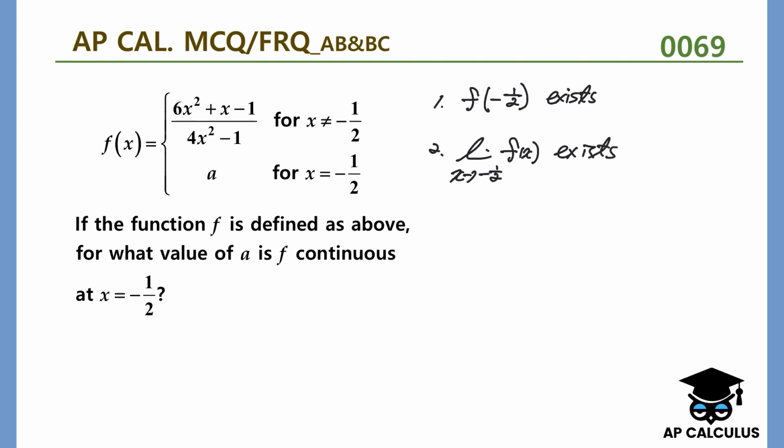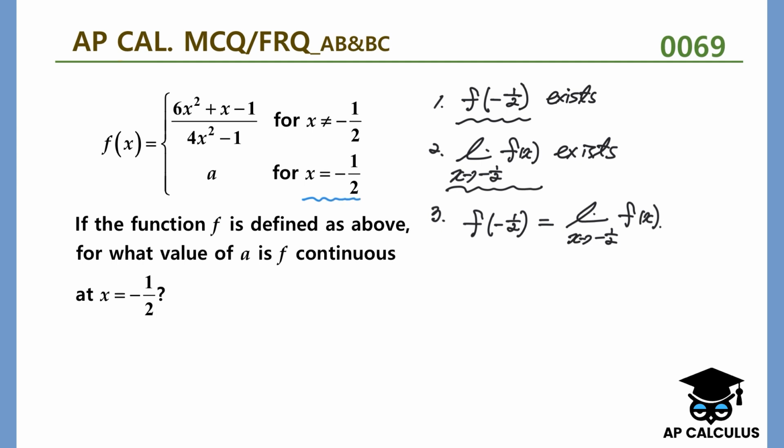Okay. Number 3 is what? This function value and limit value, they have to be equal to each other, right? So number 3 condition is f of -1/2 has to be equal to limit as x approaches -1/2 of f of x. Okay, here when x is equal to -1/2, the function value is equal to a, right?